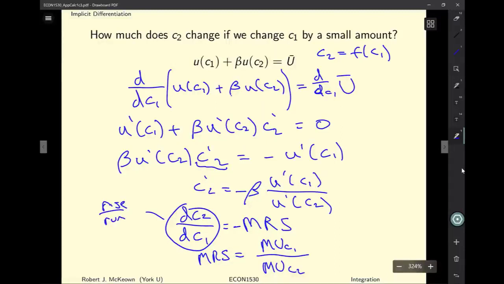The derivative of this expression with respect to C1, we can rearrange it and end up with the slope of our indifference curves that you would have seen in Econ 1000, and you're going to see a whole lot of in second year microeconomics.